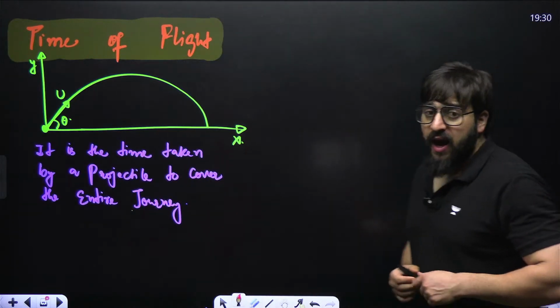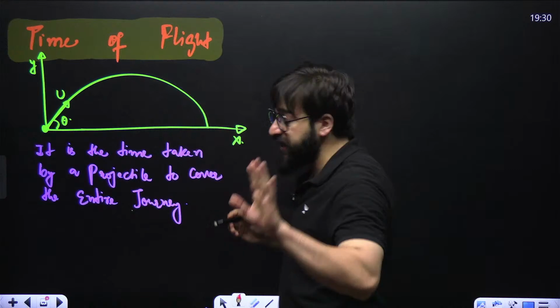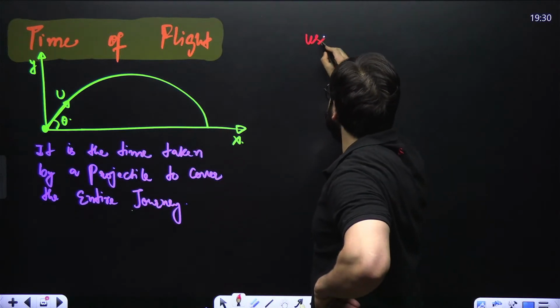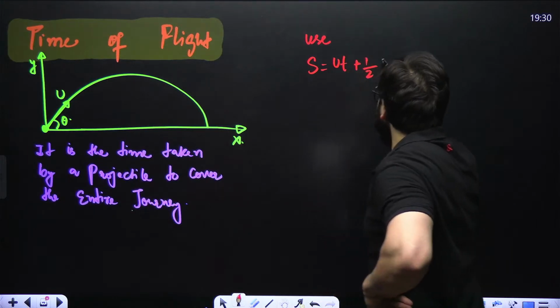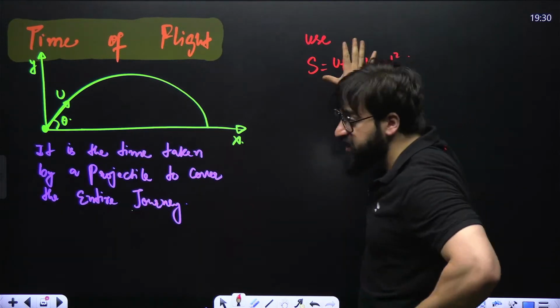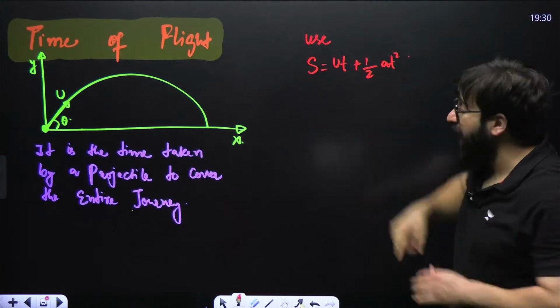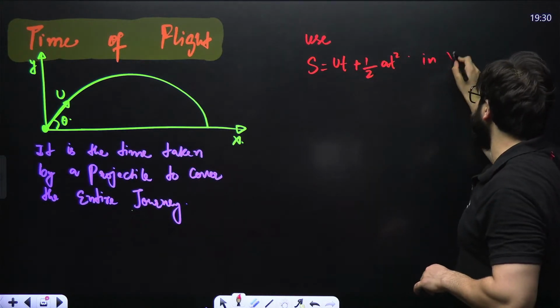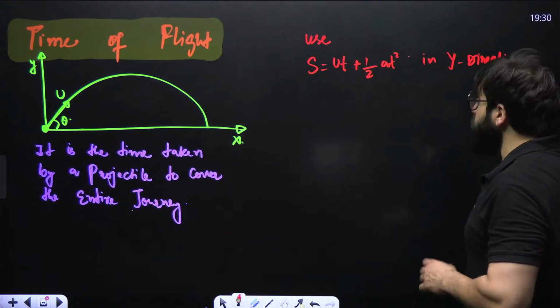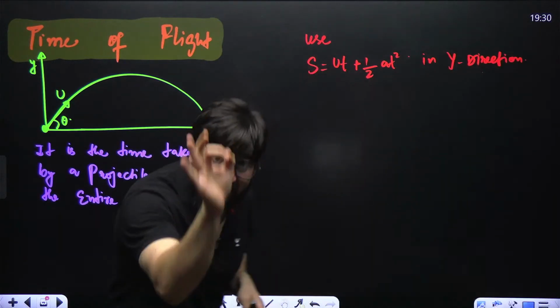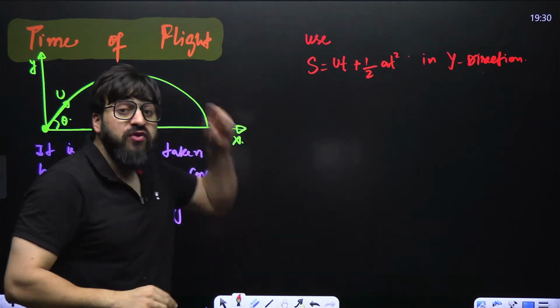And how can we find this time of flight? Guys, we say use S is equal to ut plus 1 by 2 at square. Use this equation. Sir, in x or y? We say in y direction. So use this equation in y direction, from which point to which point?